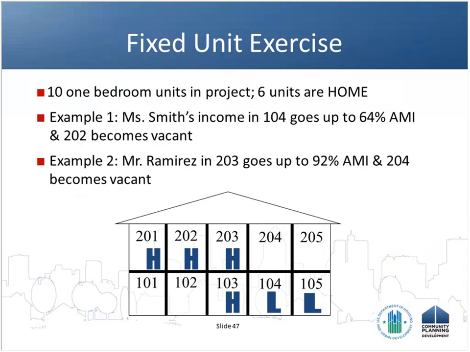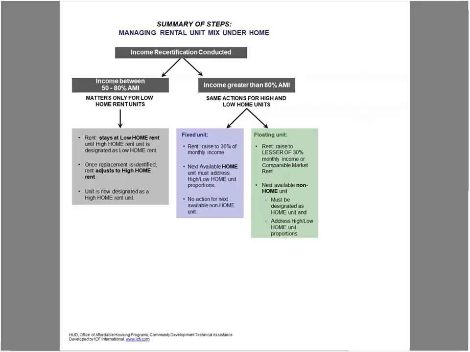So let's look at an exercise. And first, I'm going to switch. I want to show you the handout that I referenced. So you may have printed this out. We'll be able to project it. But essentially, this walks you through and gives you guidance at the point that you need to take action when you have a household that is over income.